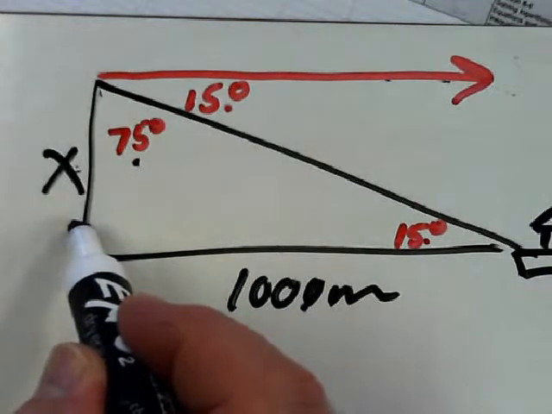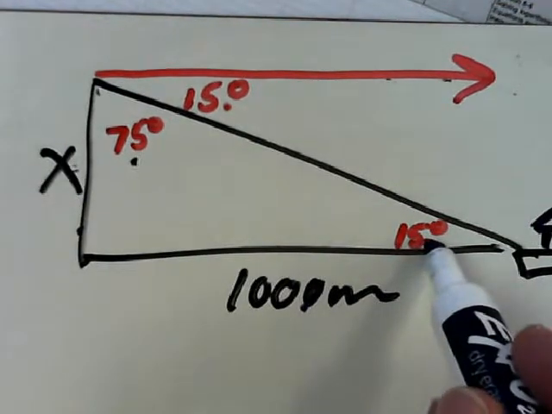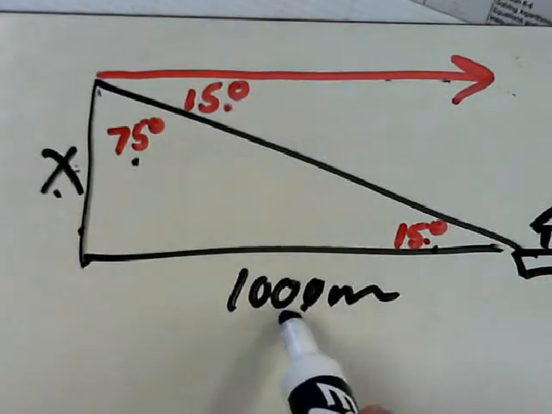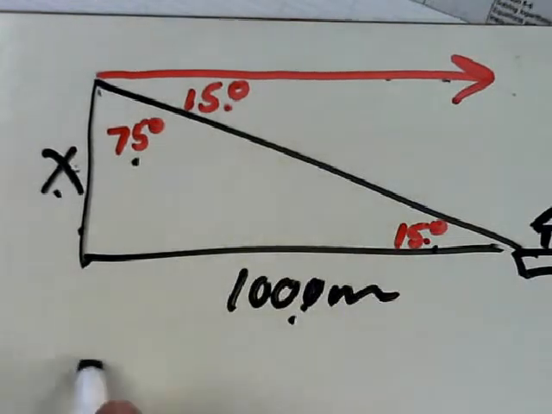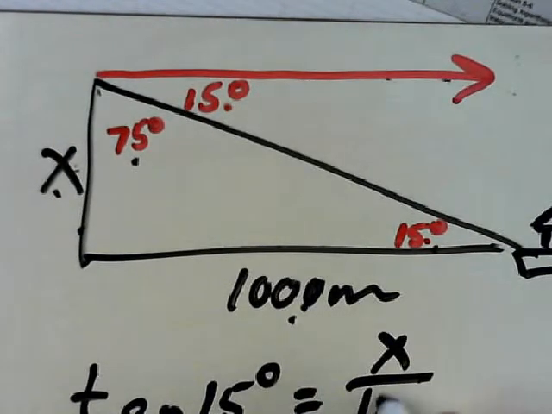Or I can use 15 degrees, and then this would be the opposite, and this would be the adjacent, right? Which angle do you want me to use? 15? Sure. So the tangent of 15 degrees would equal X over 1,000.